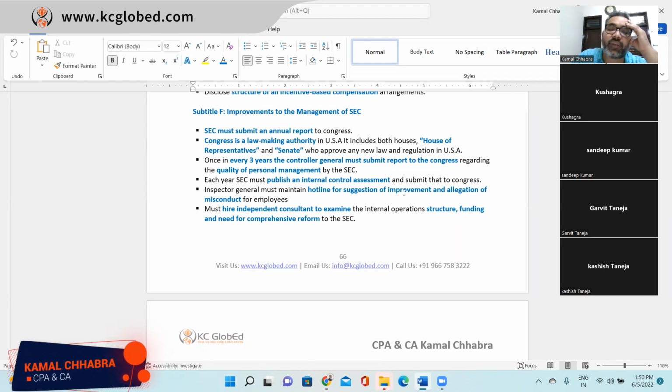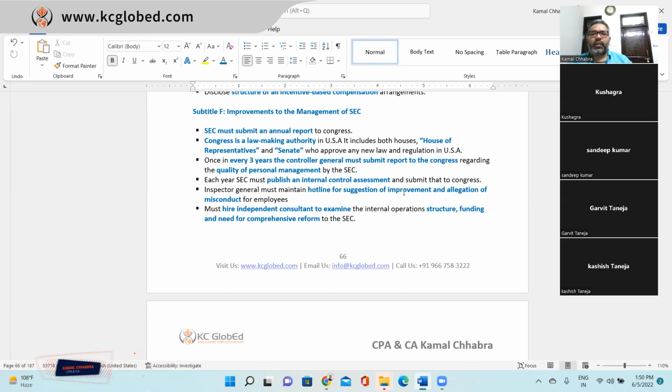An investor can file an allegation of misconduct, or an employee of the SEC can also file an allegation or any report of misconduct they found. That should be maintained by an independent person.